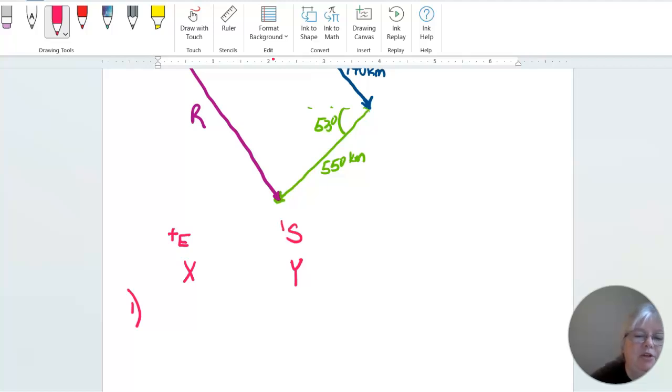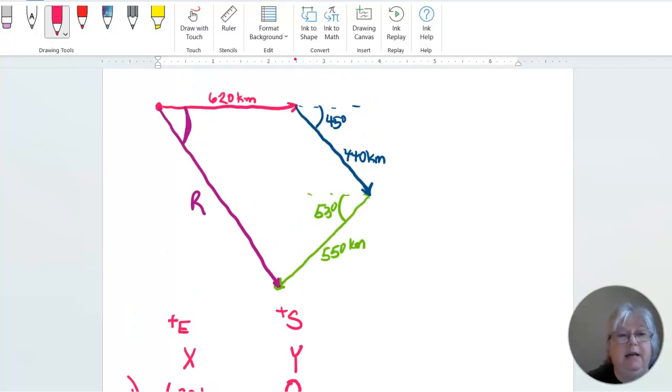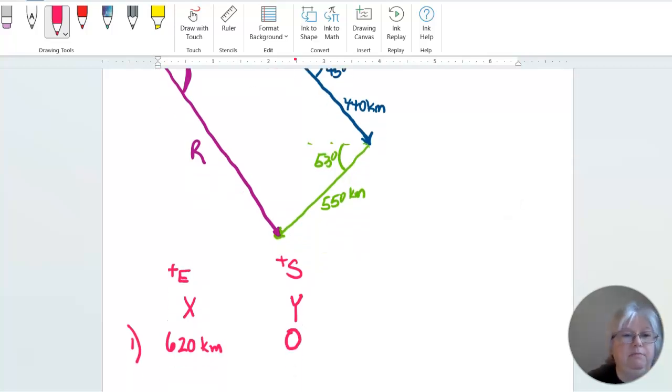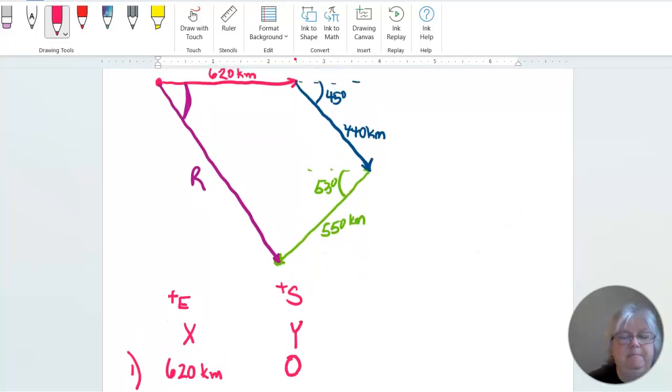And my y direction is going to be the positive south. So this traveled 620 kilometers. I do want to mention something about me saying positive south. Because I don't go north anywhere on my diagram, I'm going to treat south as my positive direction. However, normally you would have south as being negative. So that's vector 1, just going to the east.